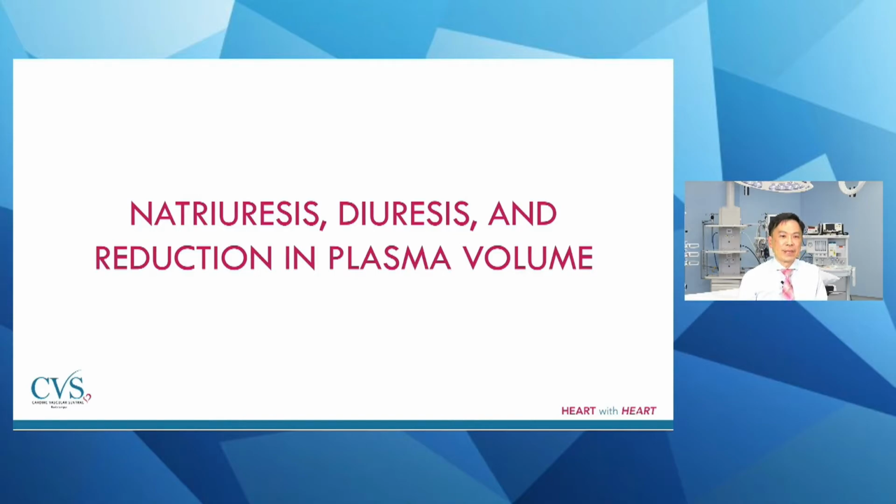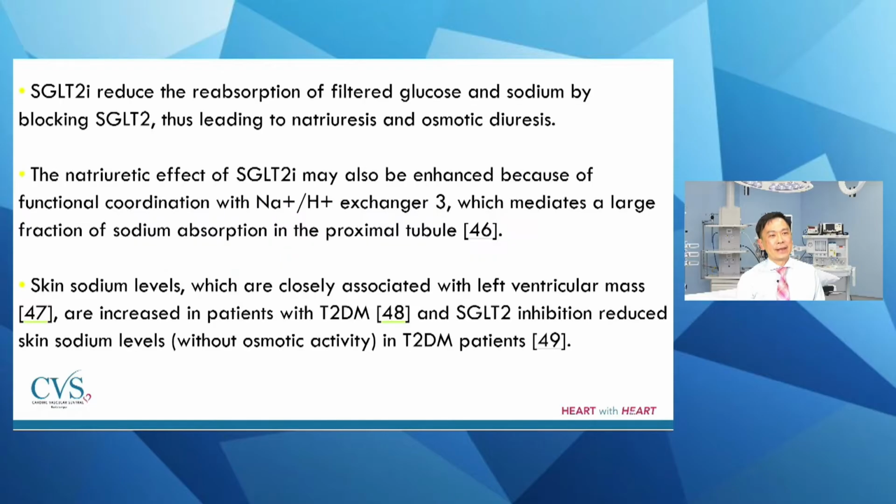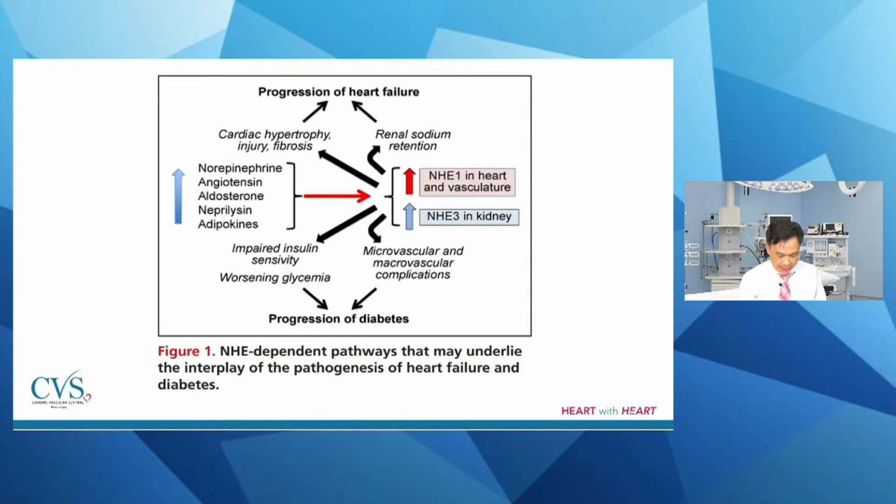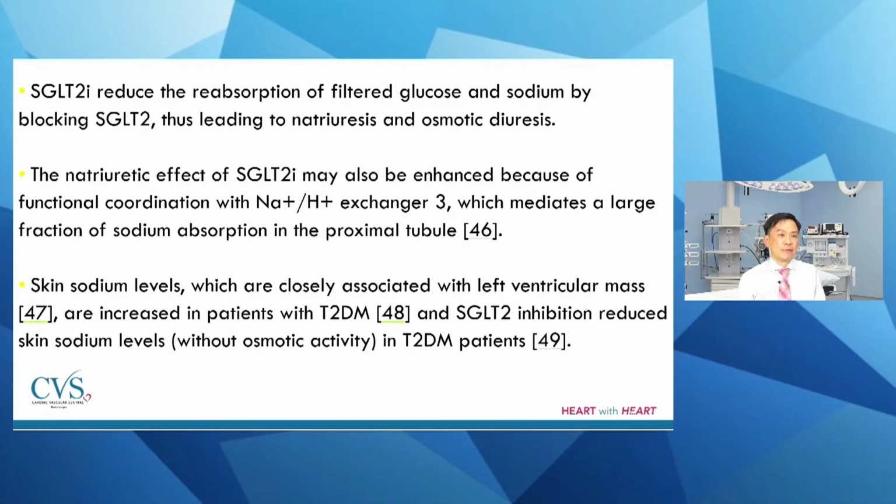Another one which may be more accessible to those of us who are not so in primary medical and physiological science is the natriuresis and diuresis brought on by SGLT2 and how they benefit in heart failure. SGLT2 reduces the reabsorption of glucose in the proximal tubules.